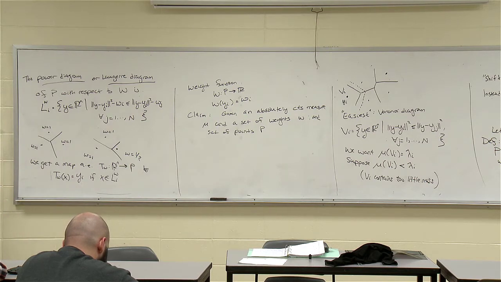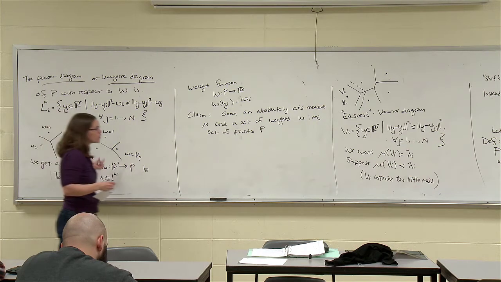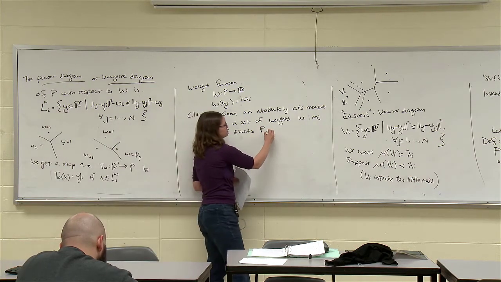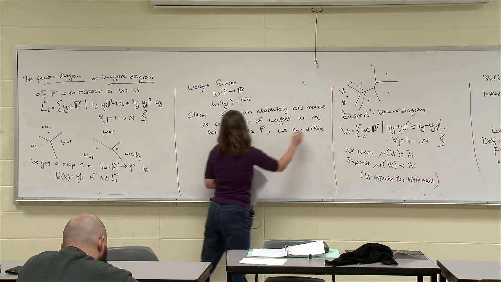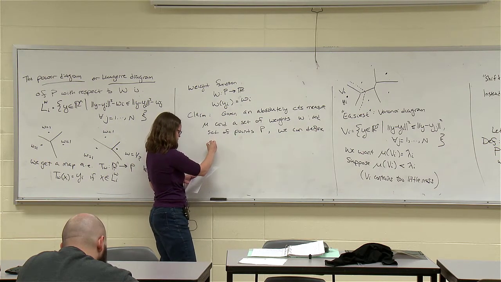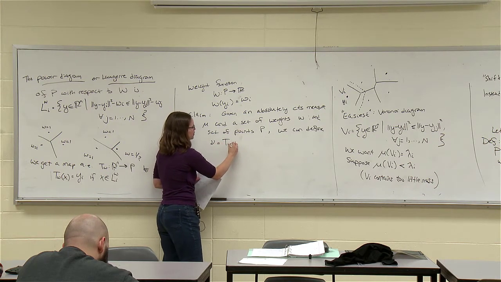Given all that, we can define this map. Given this map, we can also define the target measure. So we can define the target measure, nu, to be equal to the push forward of mu.